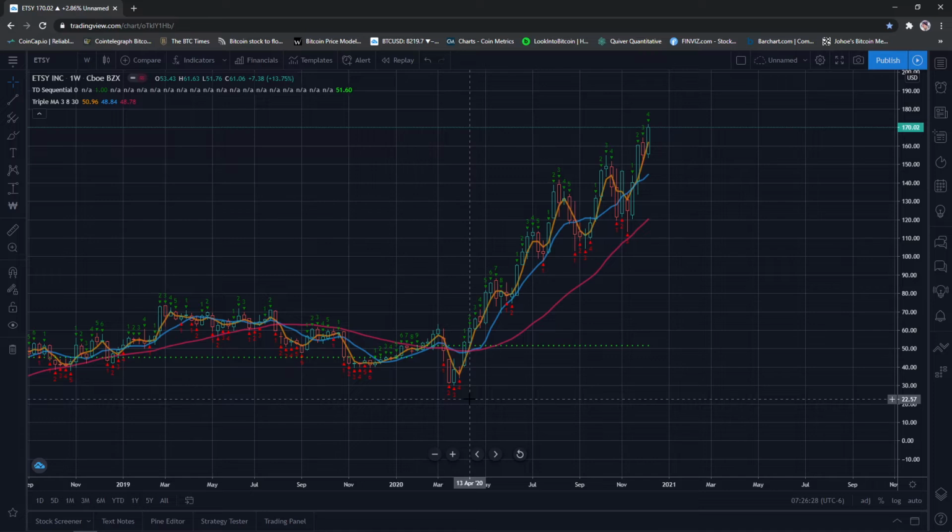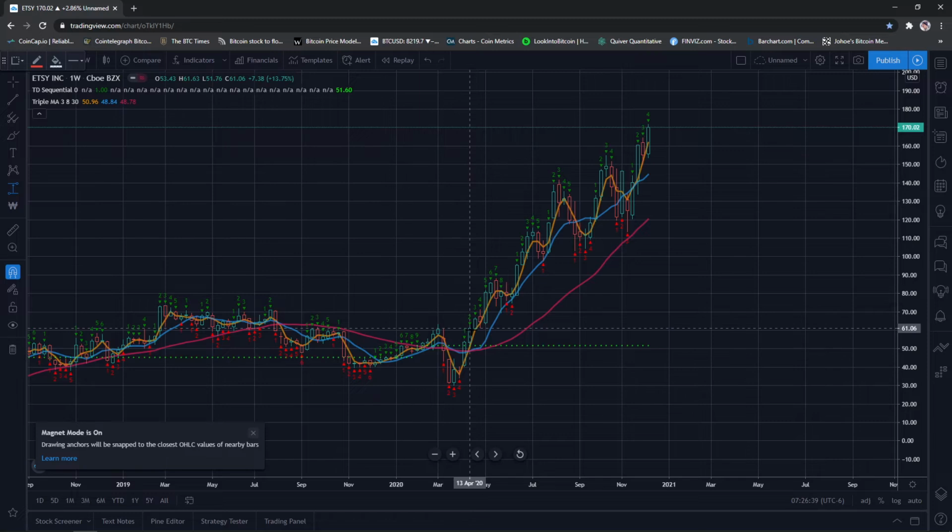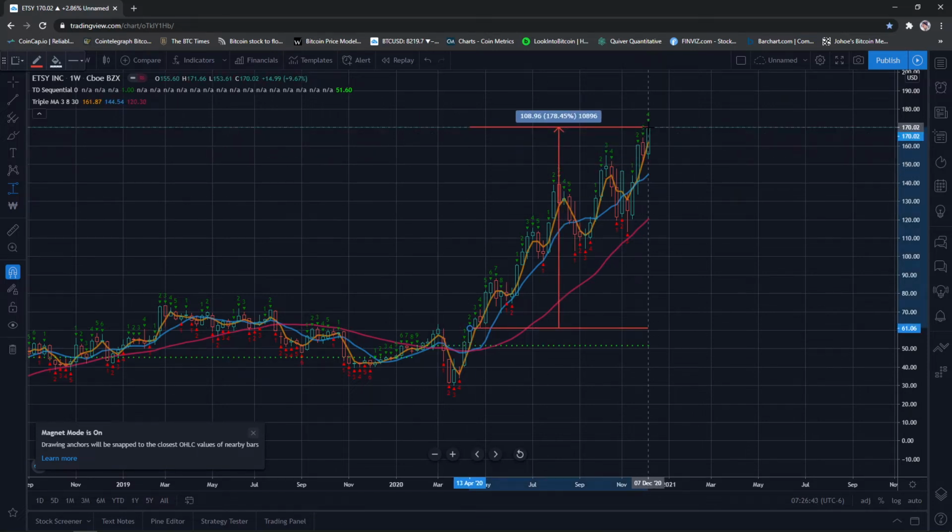And that would have been right here, all the way back in April 13th of 2020, that week. And if you would have entered on the close, you'd currently be up 178%. So that's why it's important to build a watch list if you're trying to do this.